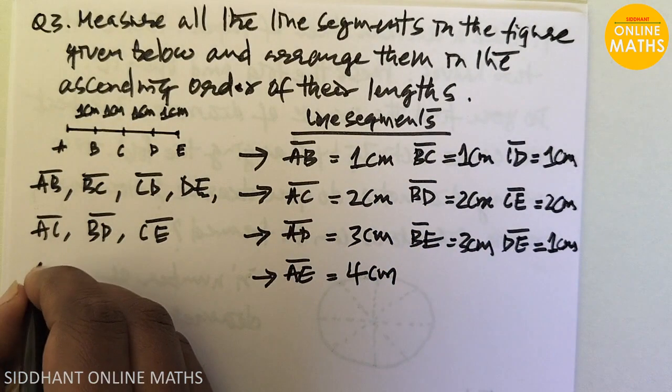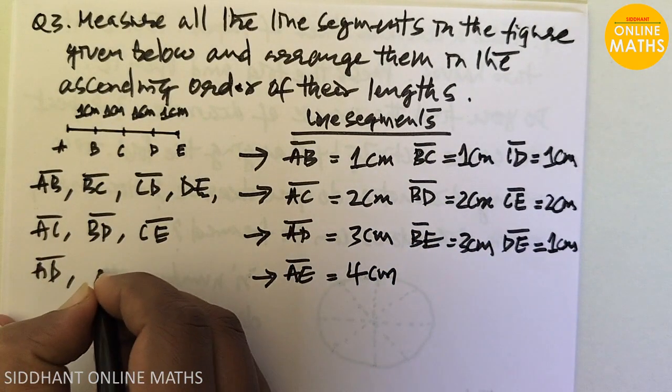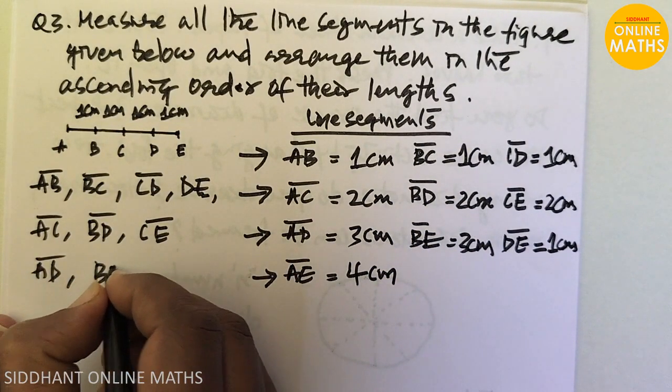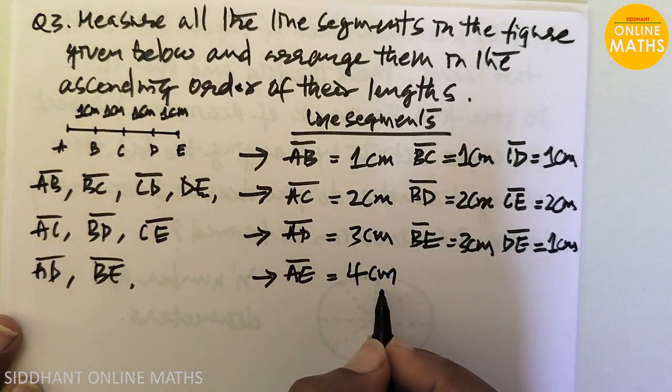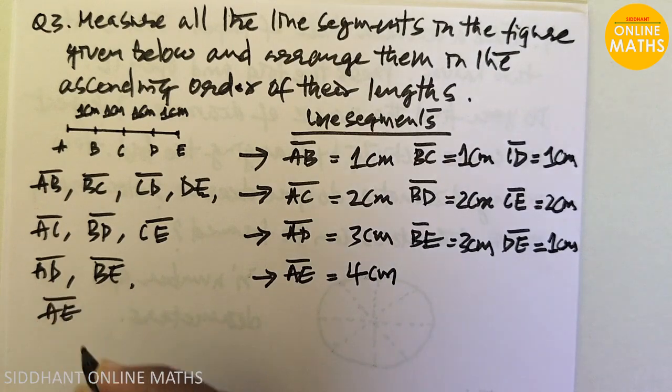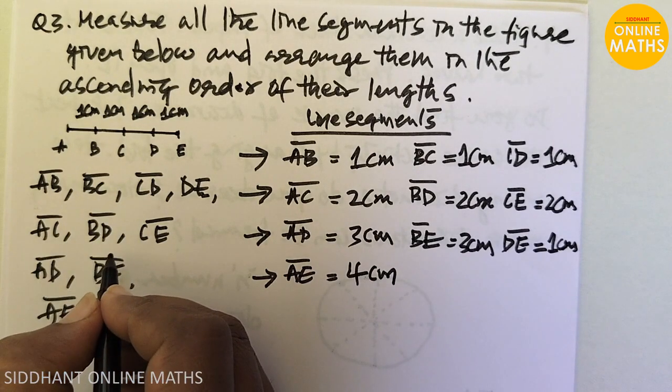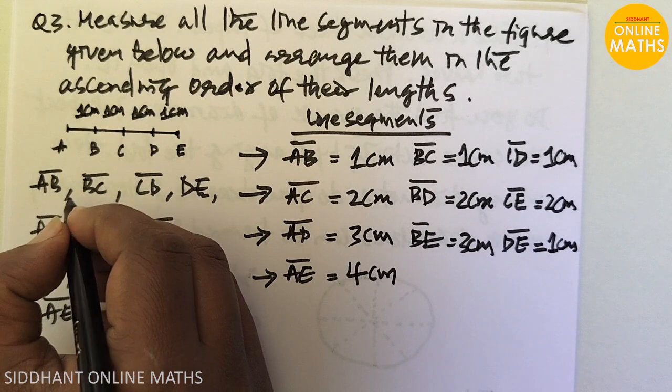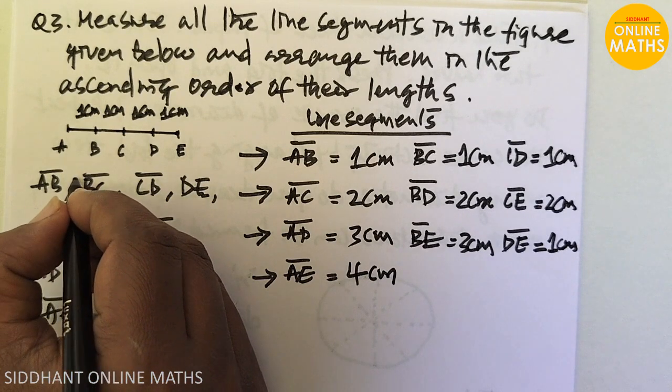Next 3 centimeter, AD, next BE, next 4 centimeter, AE. So this is the ascending order. That means you are going to keep a symbol of ascending order also like this.